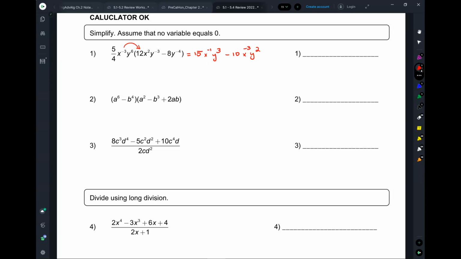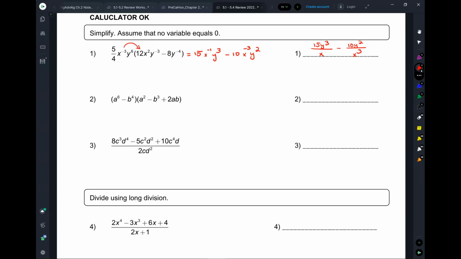So for the first one, it's going to be 15y cubed over x minus 10y squared over x cubed, right? You have to ask yourself, who does the negative exponent belong to? And only that moves down.